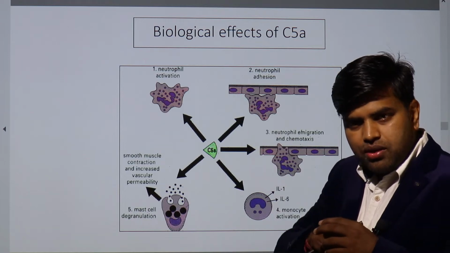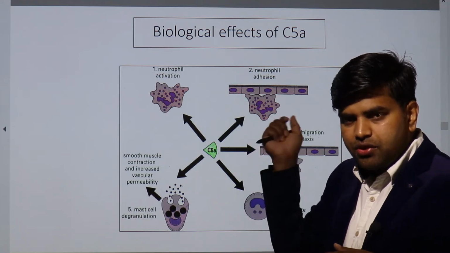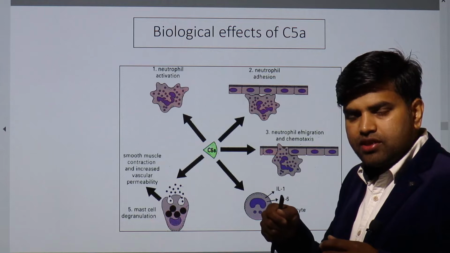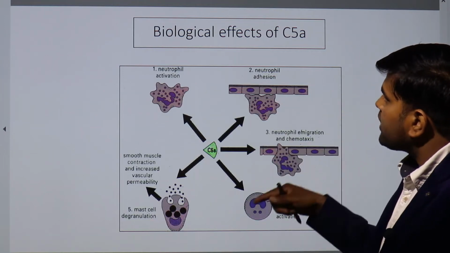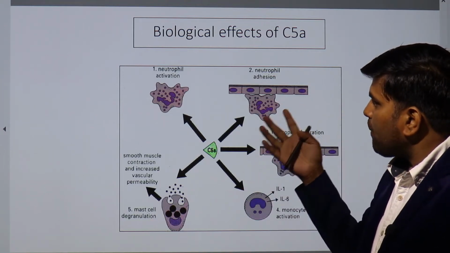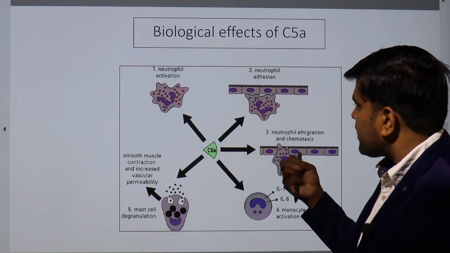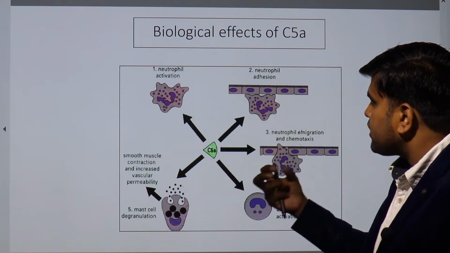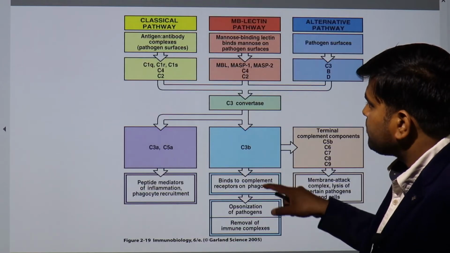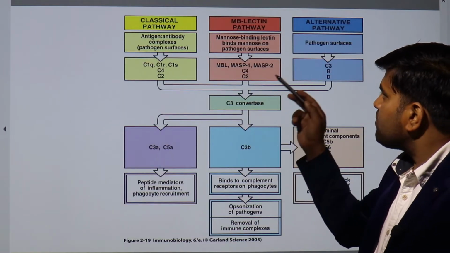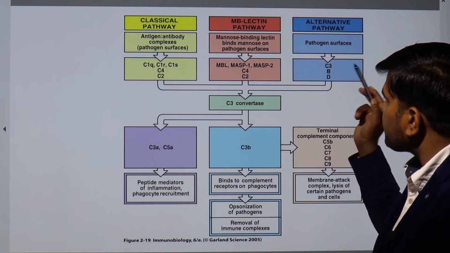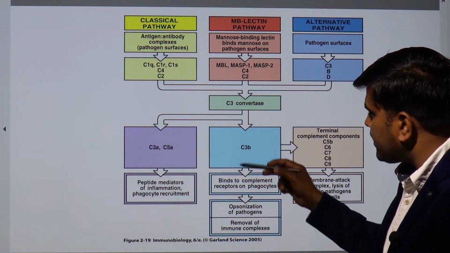One side you tie the bacteria, the other side you bring the phagocytic cell and kill that organism. There is also C5a, which brings chemotaxis, bringing the phagocytic cells towards the inflammatory site. So we have discussed the classical pathway, the mannose binding lectin pathway, and the alternative pathway and their functions.